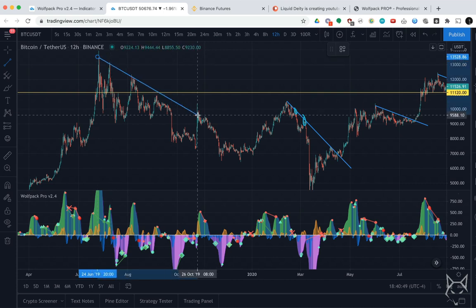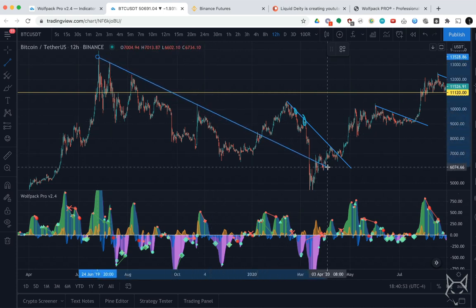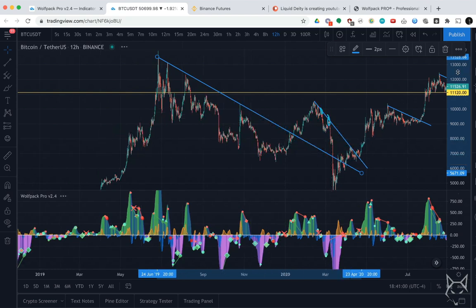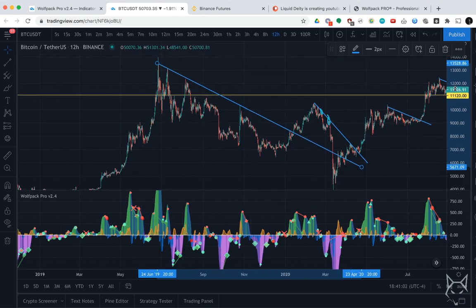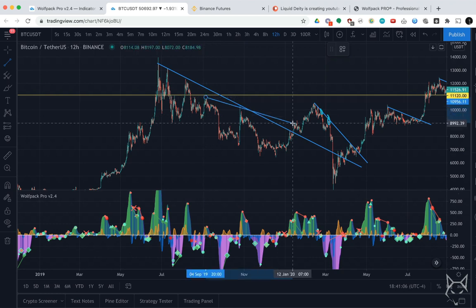So we have this huge downwards cone. It's like that. You can also draw another one on around here.